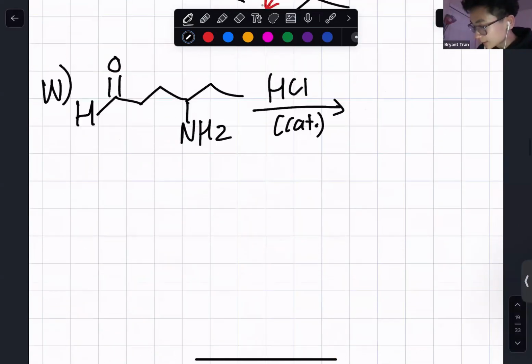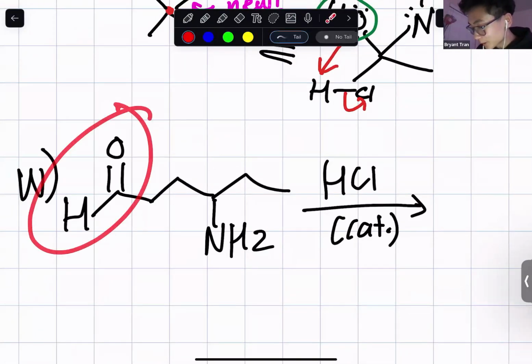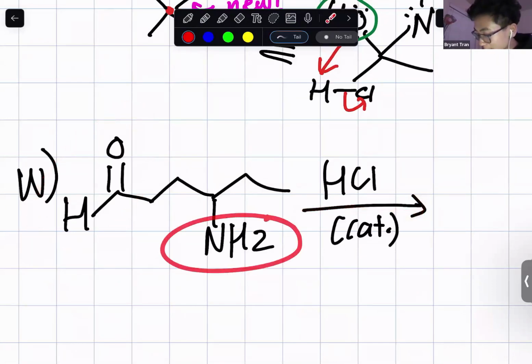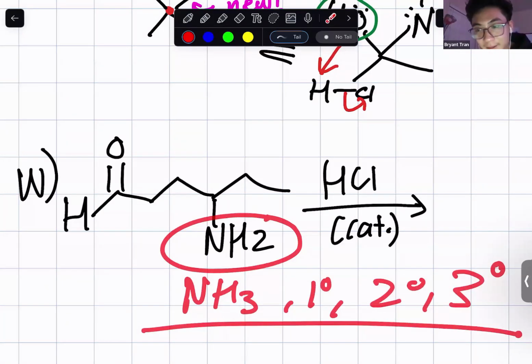Right, let's analyze this problem here. We have a carbonyl, but on the arrow, this is different. There's no amine on the arrow, but there is an amine somewhere here in the molecule. Would this be an ammonia, primary amine, secondary amine, or tertiary amine? Which one of these amines would it be?